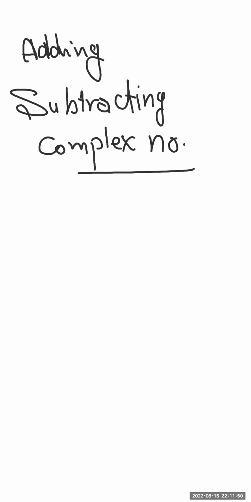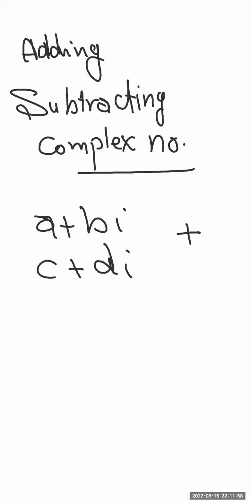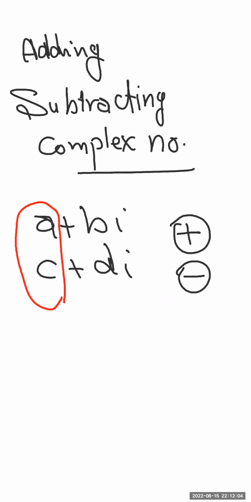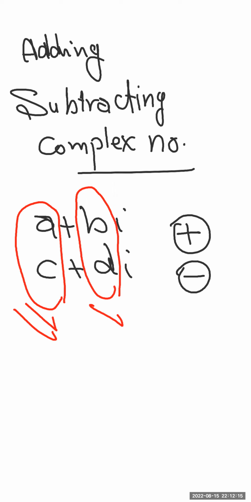If there are two complex numbers like a plus bi and c plus di, and I want to add or subtract these two numbers, of course, I'm going to add the real parts and the complex parts. Simply. In case of subtraction, I will subtract the real with the real and the imaginary with the imaginary. This is the main concept.